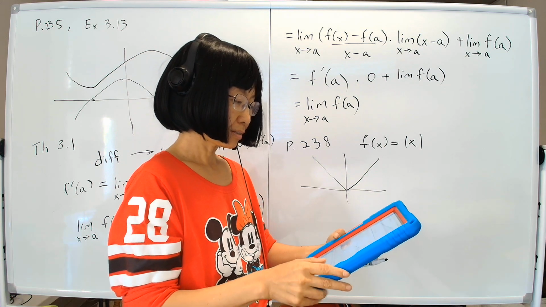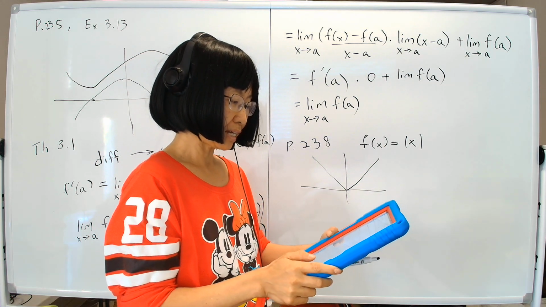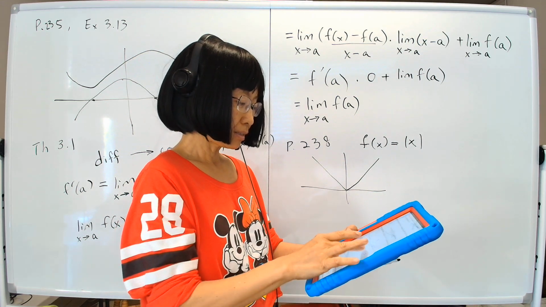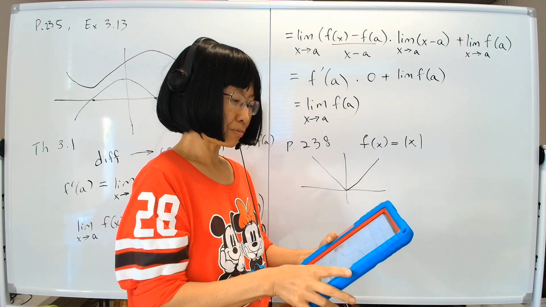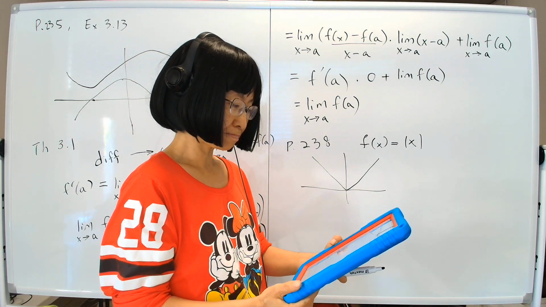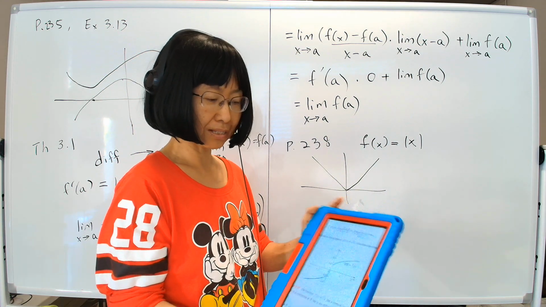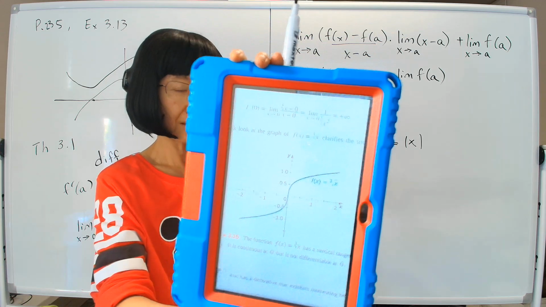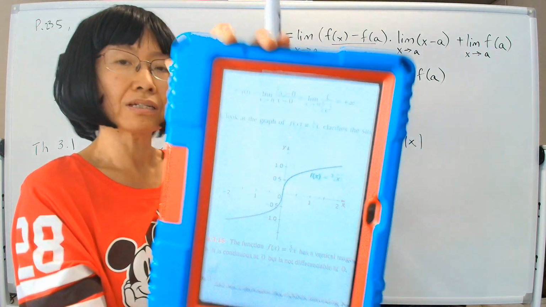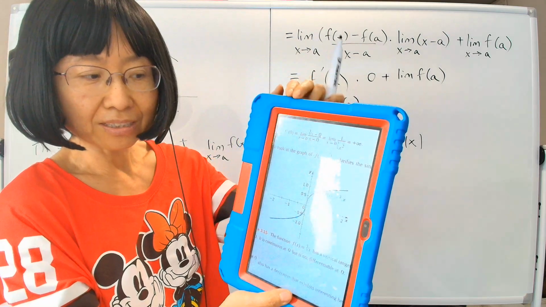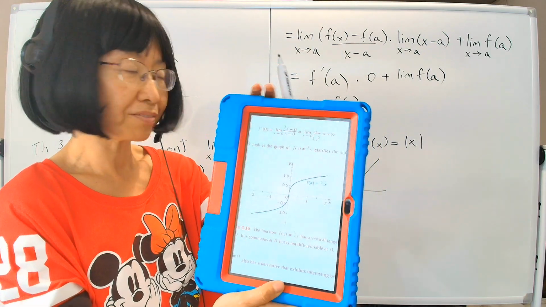And the next question is, well, you think there's a sharp point there, but there's another example where your function has an infinite slope at some point, like this thing. What is this? This is the cubic root of x. The cubic root of x is continuous and smooth. It doesn't have any sharp points.